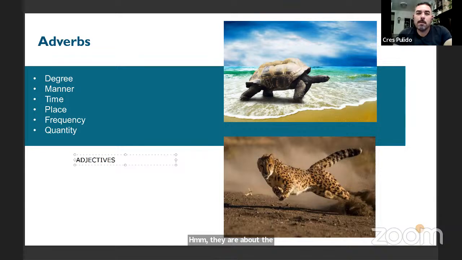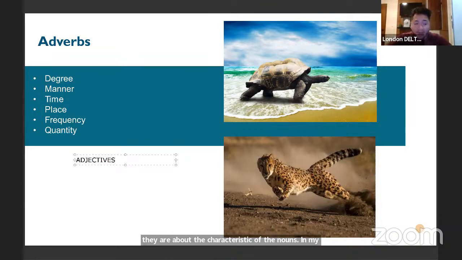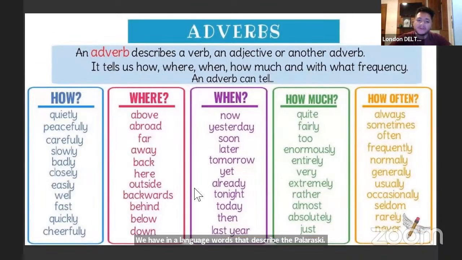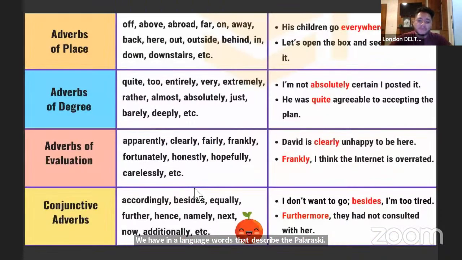Exactly. Adjectives describe nouns. Adverbs describe verbs. Good. So we have in a language words that describe. Tenemos entonces en los idiomas palabras que describen a los sustantivos y palabras que describen a los verbos. All right. This is important.